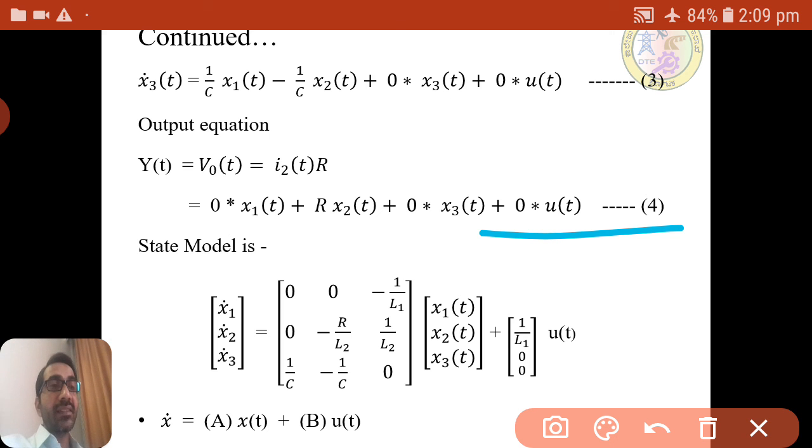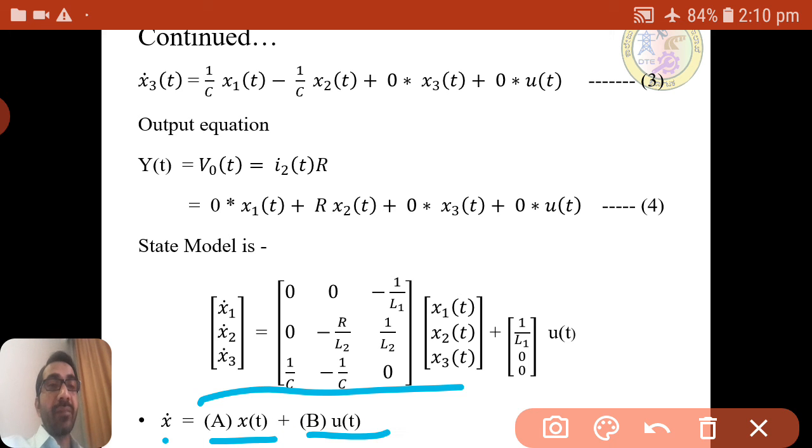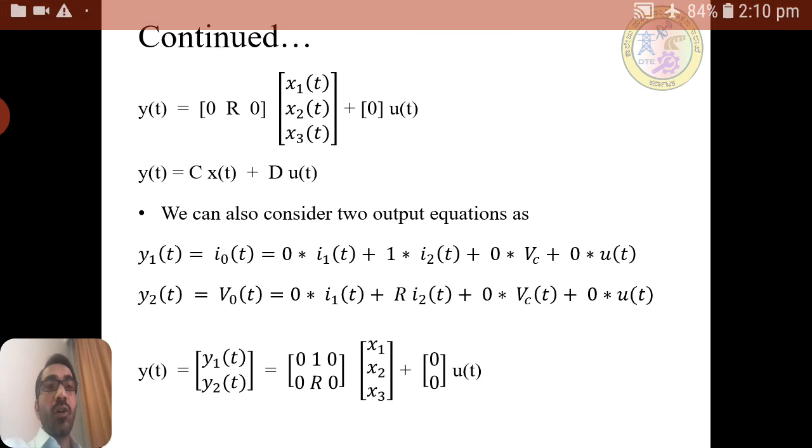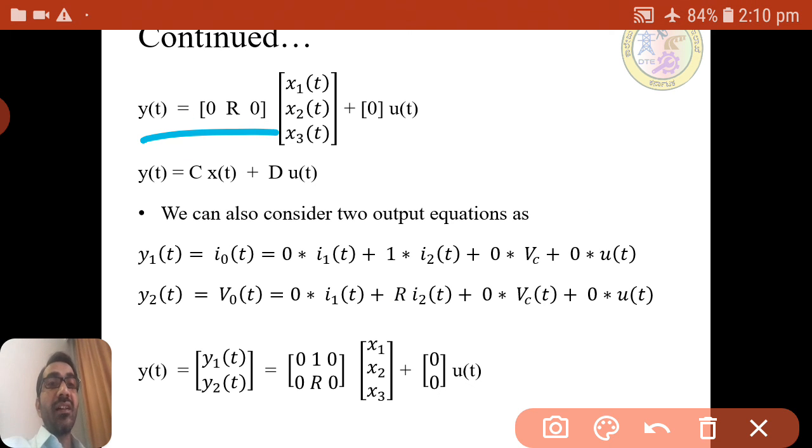All the things, the 3 state equations and 1 output equation, we represent in vector format as x dot of t is equal to A into x of t plus B into u of t. This is A, this is B, and this is u of t. Similarly, the output equation y of t is equal to C x of t, where this is the C matrix, and there is no D term, so this will be considered as 0. So this is the solution for the state model for the third diagram.